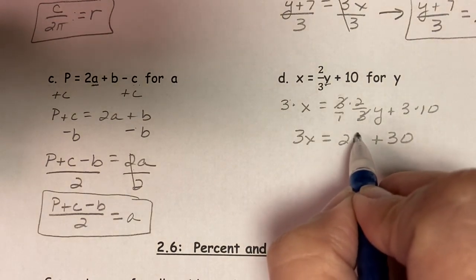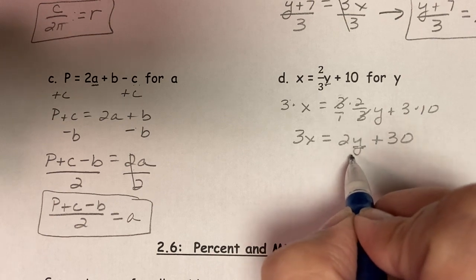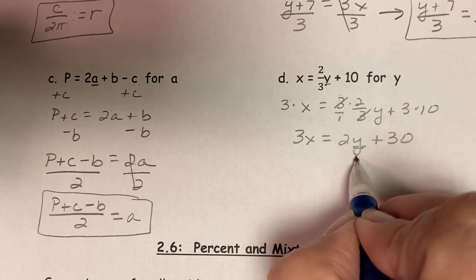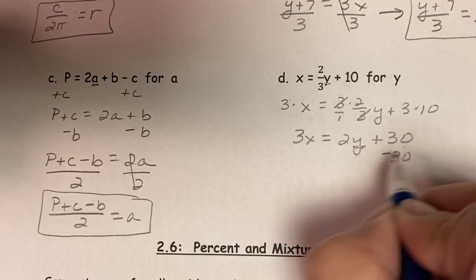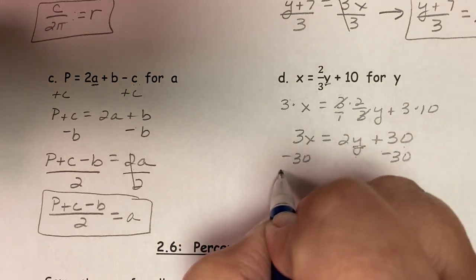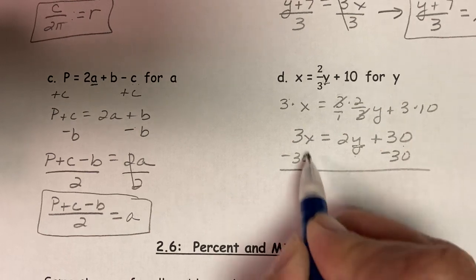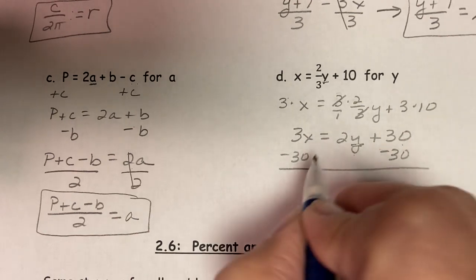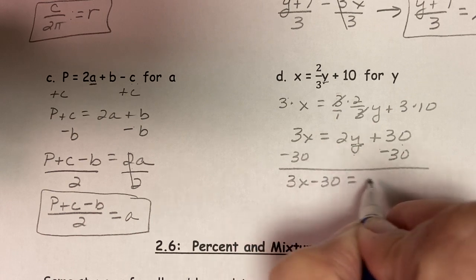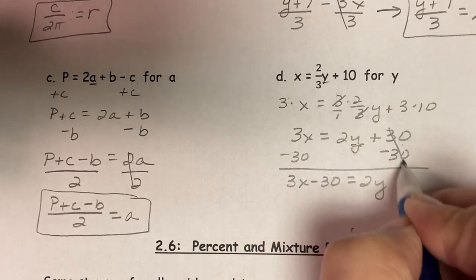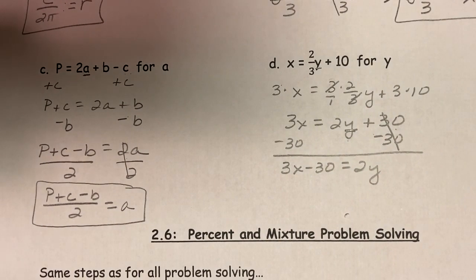Let's get the term with the y alone first. That's the 2y. So how do I get rid of adding 30? I'm going to subtract 30. These are not like terms. Don't combine them. This is simply going to be 3x minus 30 equals 2y, because those cancel out.